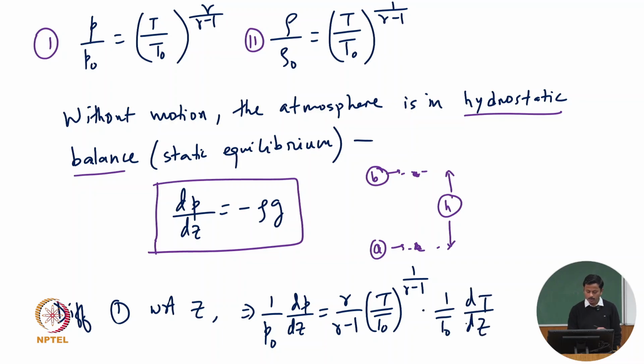I've used the chain rule, and just verify yourself. It is just one step, the differentiation of 1 with respect to Z, and this is what we get.